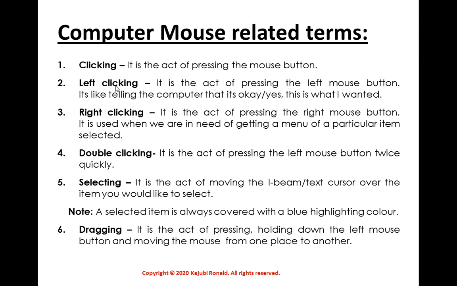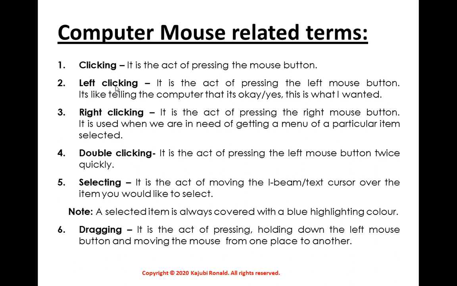It's like telling the computer that it is okay, yes, this is what I wanted. So the left button is used for agreeing, for accepting, for telling the computer yes, I agree with this. So the left button is used if you feel like telling the computer that yes, where I'm pointing is what I wanted. Left click is used that way.